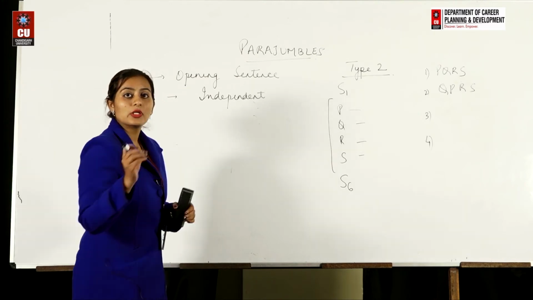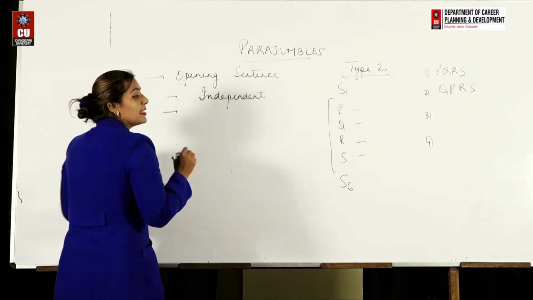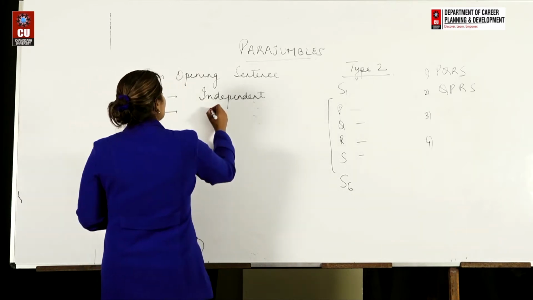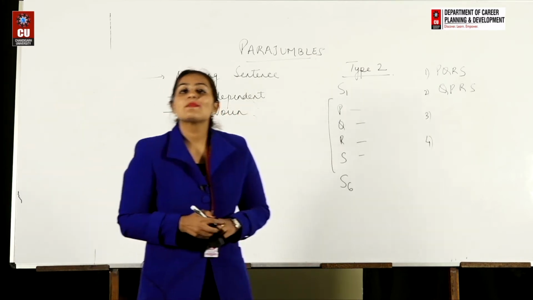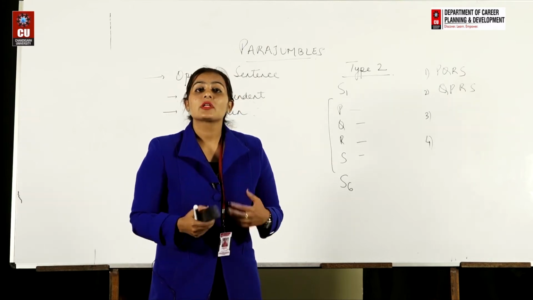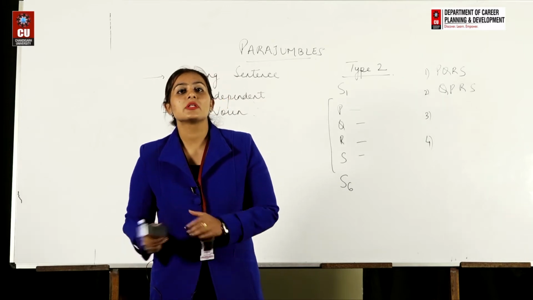Now what is an independent sentence? First of all, the sentence would have nouns. We need to find the noun. Now the question which comes here is, some of the students actually say that if we start with he, if we start with she, how can that not come as a first sentence?